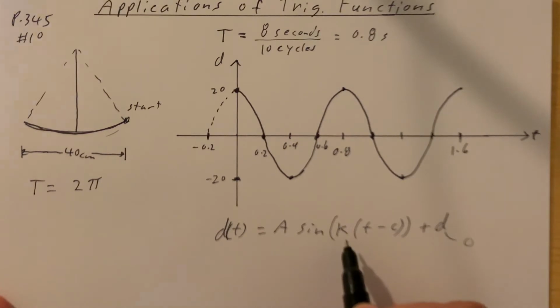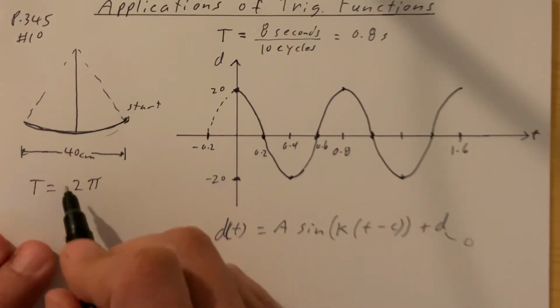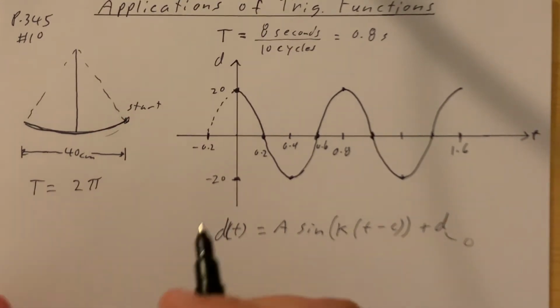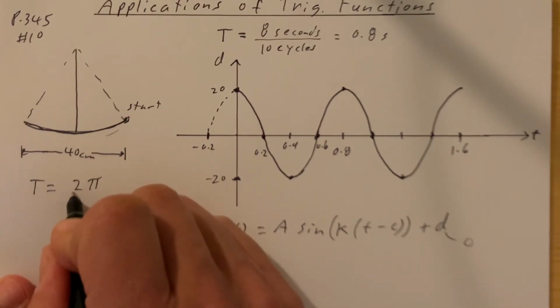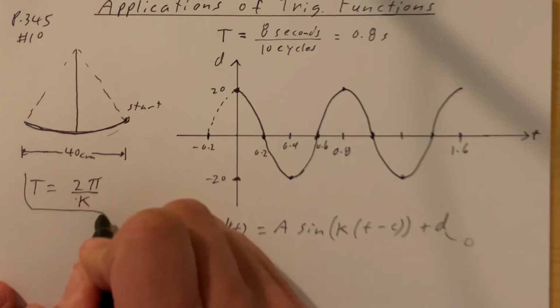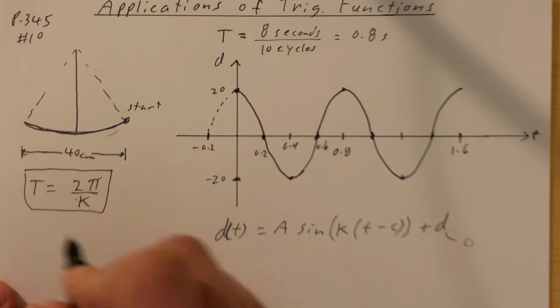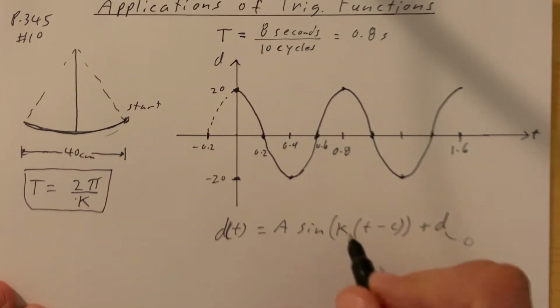So the new period is going to be 1 over K times 2 pi, because it's being horizontally stretched by 1 over K, and 1 over K times 2 pi is just 2 pi over K. So that's the formula relating the period and this K value. K also represents the number of cycles between 0 and 2 pi radians.